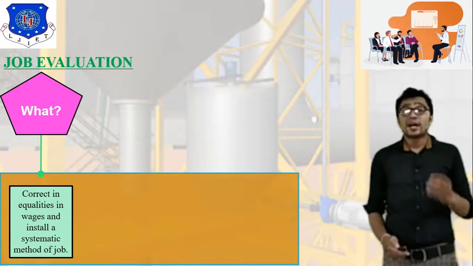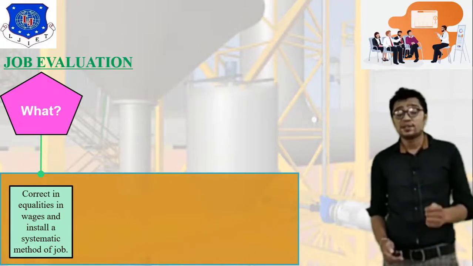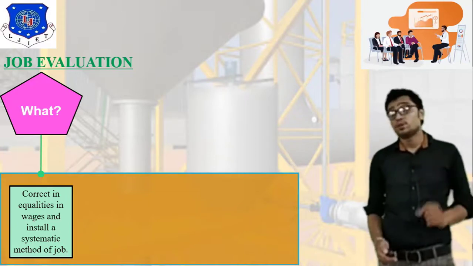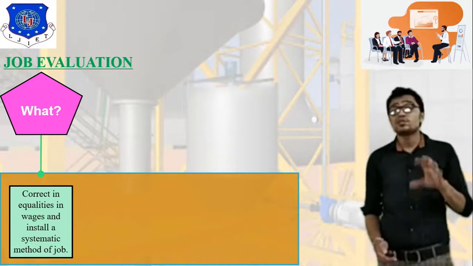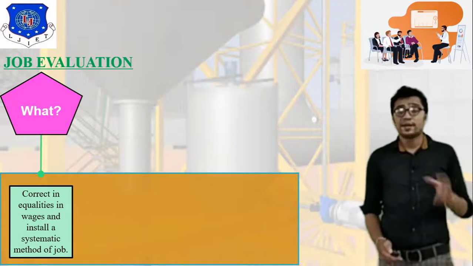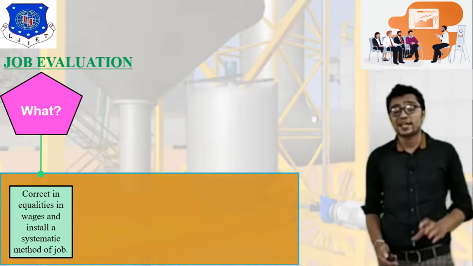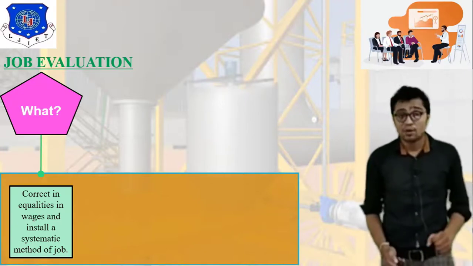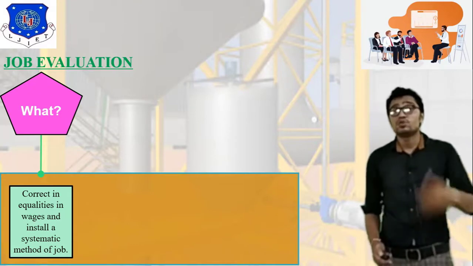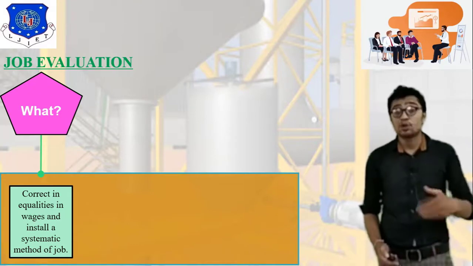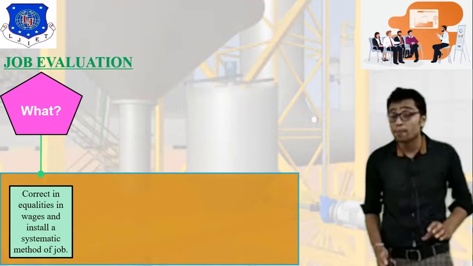Here I have attached one definition. This is very important. Job evaluation is not quality checking, that type of product checking. It is related to job recruitment, which is a very important concept.